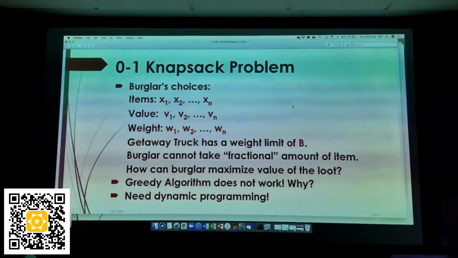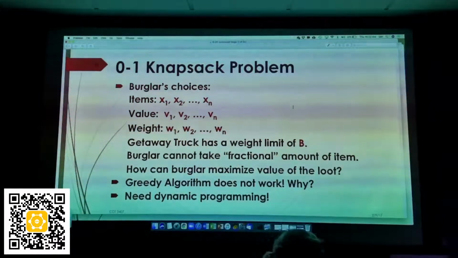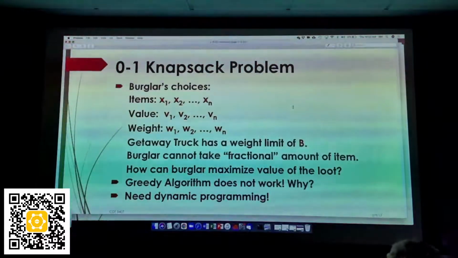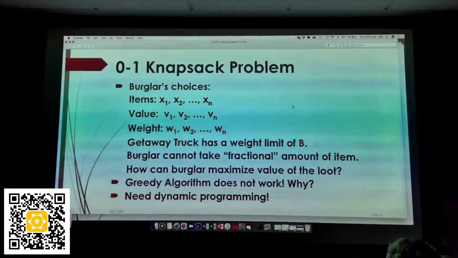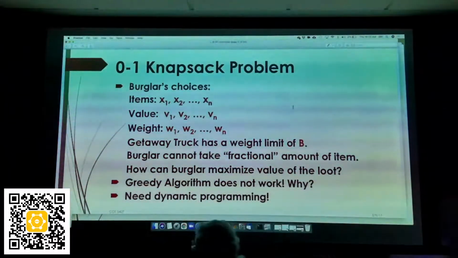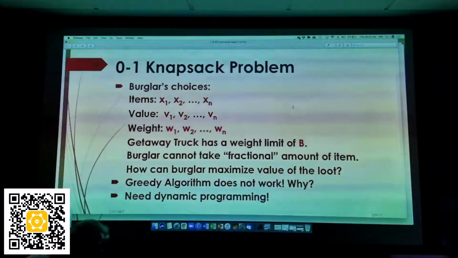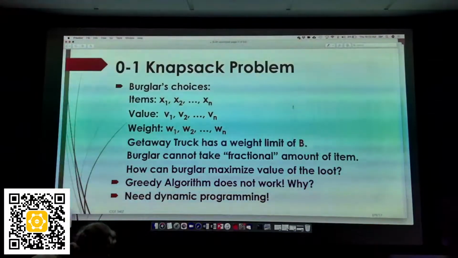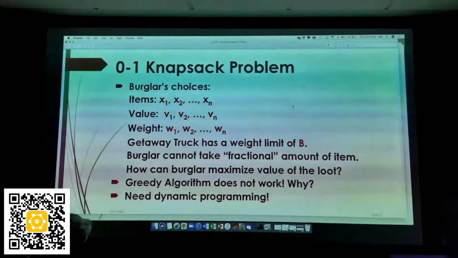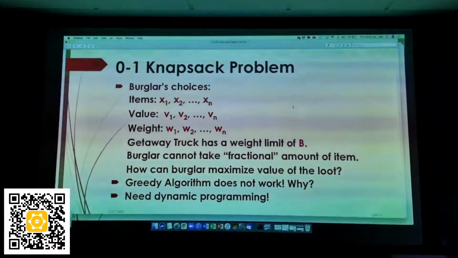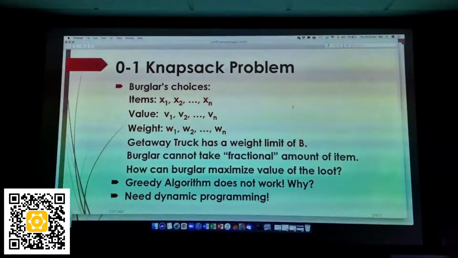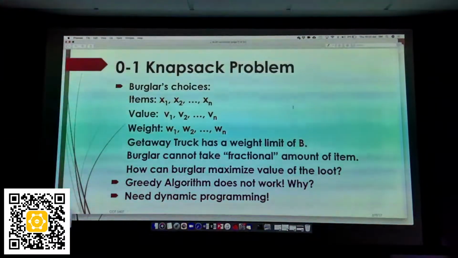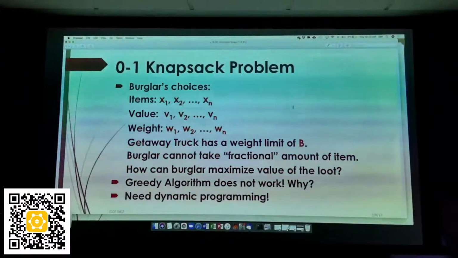What I could do instead is take two items with slightly lesser value, but together they end up being larger value. That's where the problem is with the fractional case. So greedy algorithms don't necessarily work.